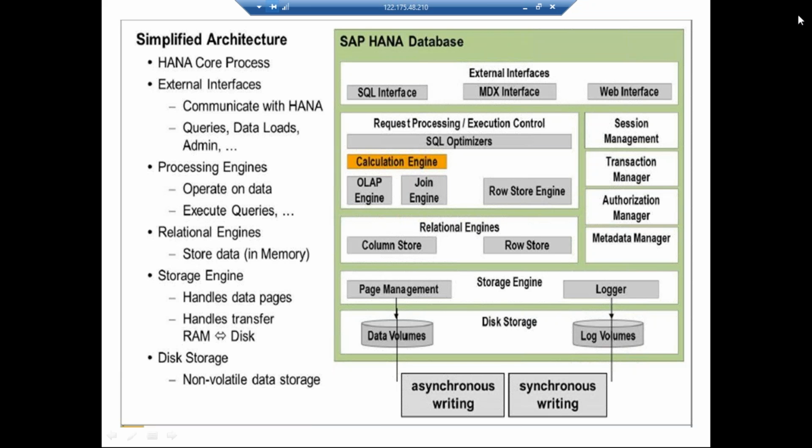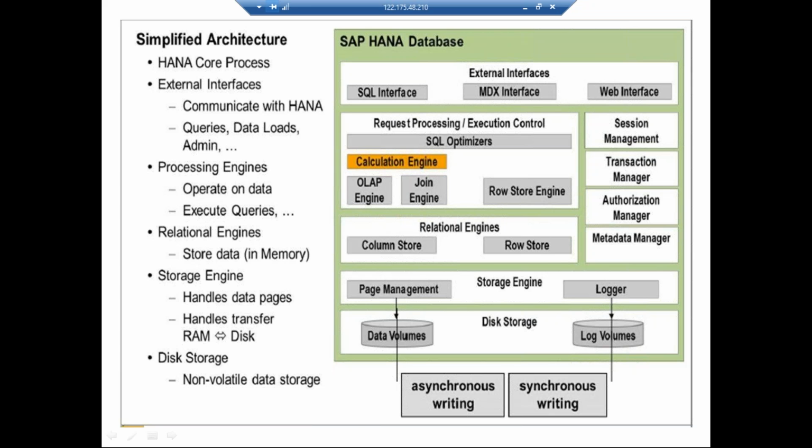That communication will be done for different reasons, maybe to execute some queries, or you may want to perform some data loads, or maybe perform some admin activities. But it all depends on what kind of tools we are using for that communication.